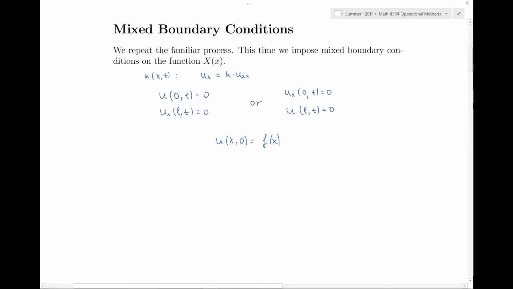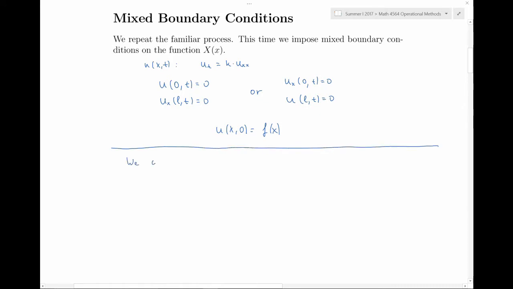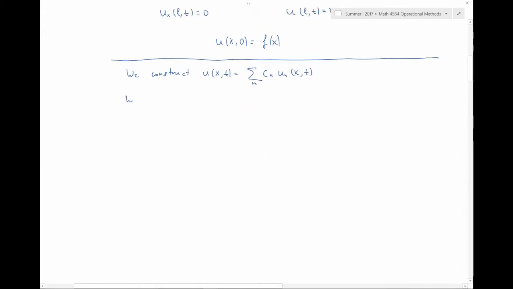Using the method of separation of variables, we again construct a solution as a summation of basis functions multiplied by some coefficients, where each one of those building blocks satisfies the original differential equation and the boundary conditions.